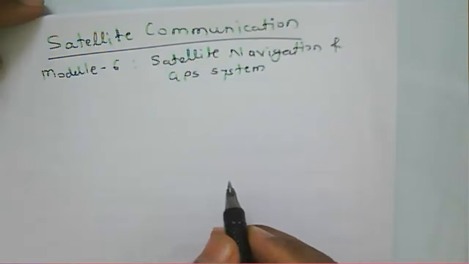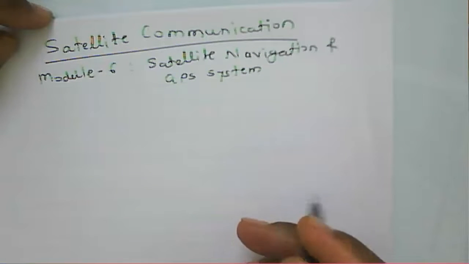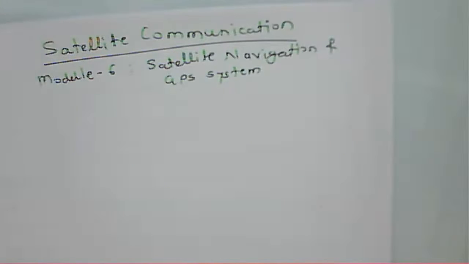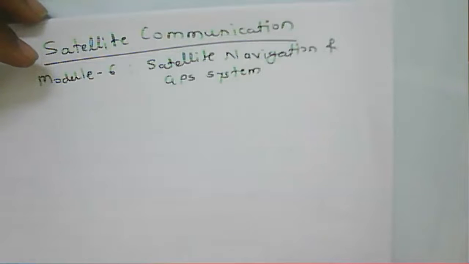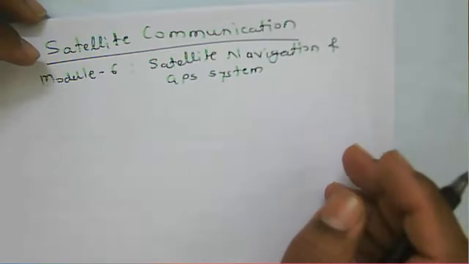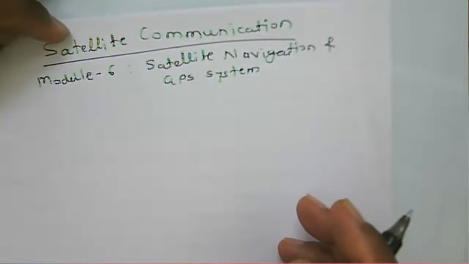Now, navigation is used for finding the position or location of an object, and once we obtain the location or destination, using that we can reach that particular destination.